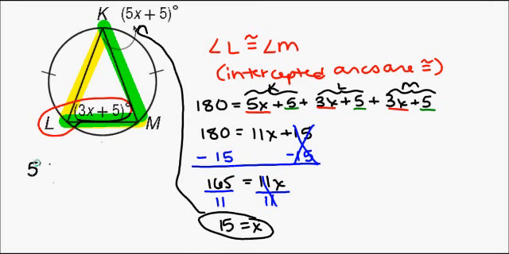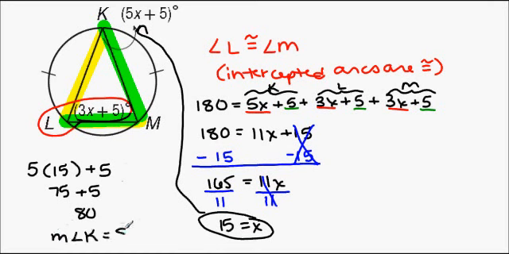So we end up with 5 times 15 plus 5. 5 times 15 is 75, plus 5 gives me 80. So the measure of angle K is 80 degrees. Okay? And that is it for lesson 3.